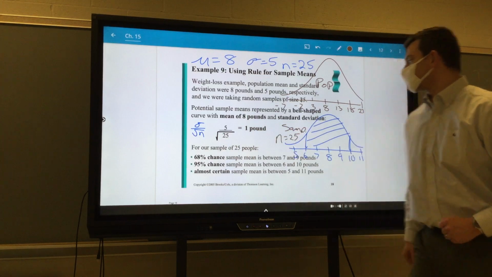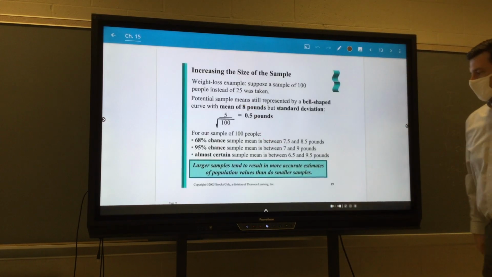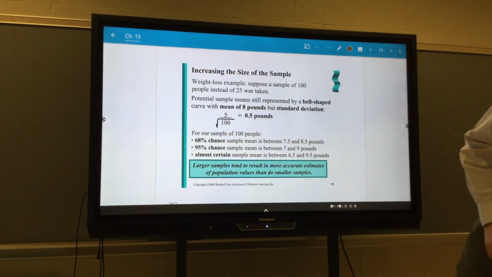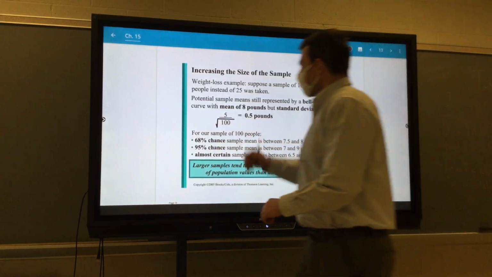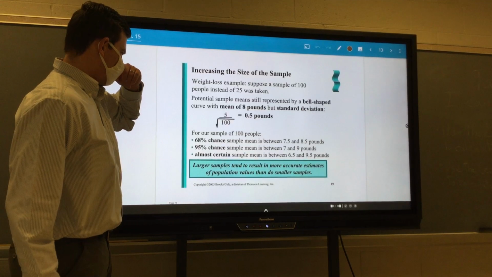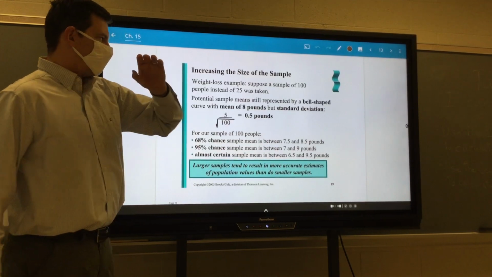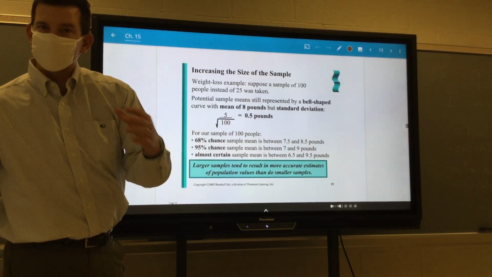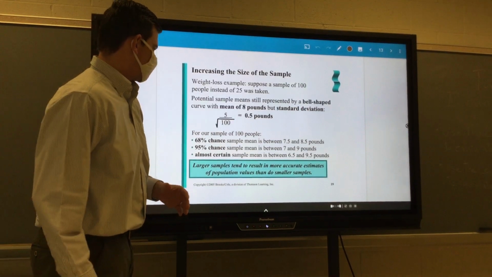Now, this was a sample of 25 people. We said that the bigger the sample size, the better. So what if we were to inflate that sample size now to 100 people? Only one thing changes, and that's the standard deviation calculation.